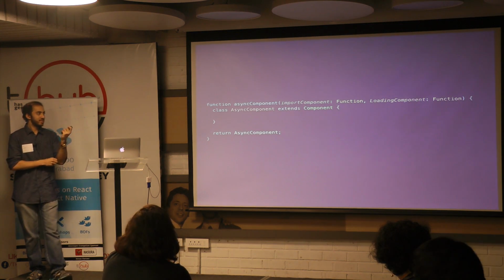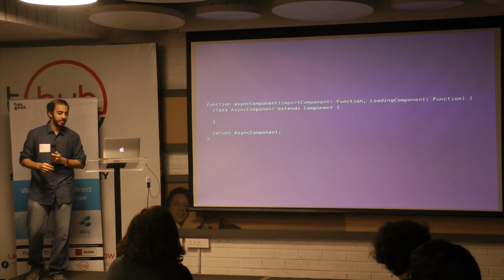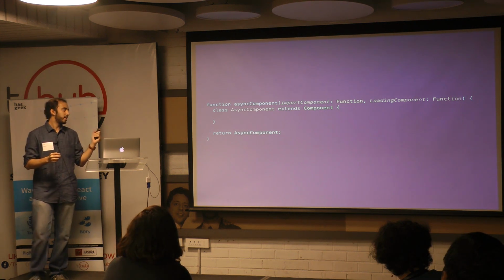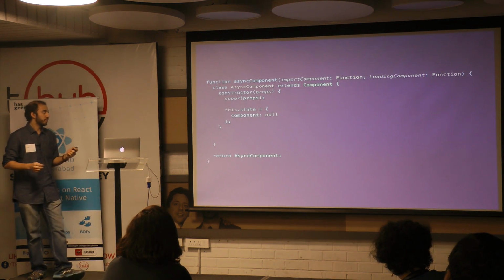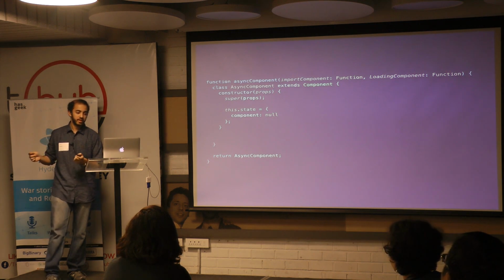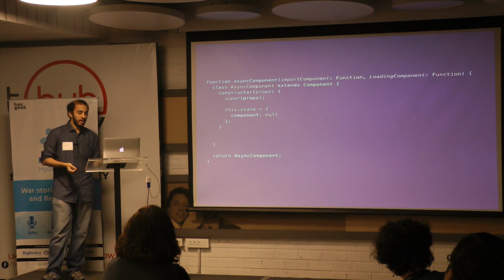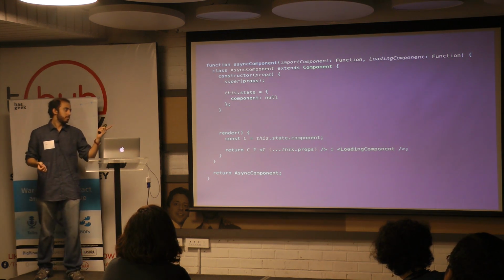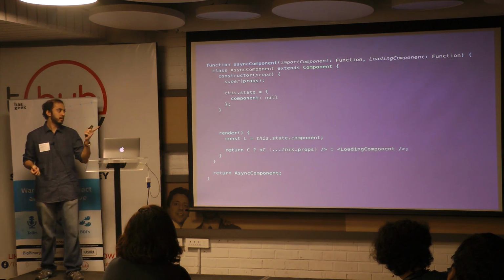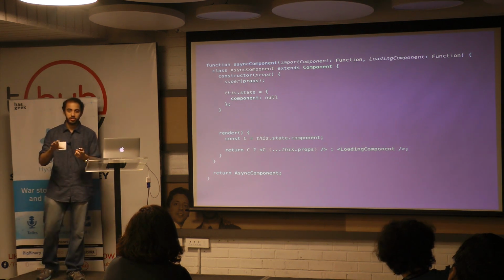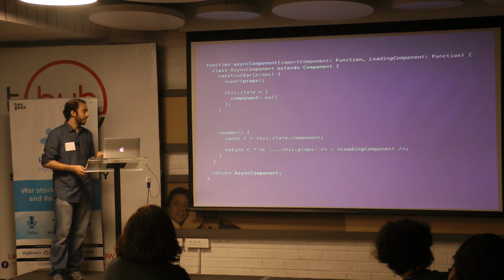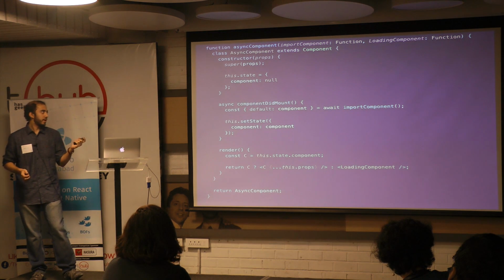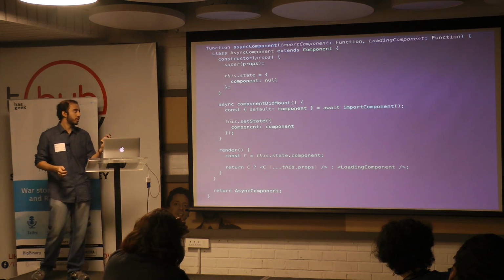This is a little long, so you have a function which returns a component, and you keep a state of, say, a component which is null. Once that's done, you render the component if it loads, otherwise a loading component, which can be a spinner or a progressive loader, and then you have an async component bound.